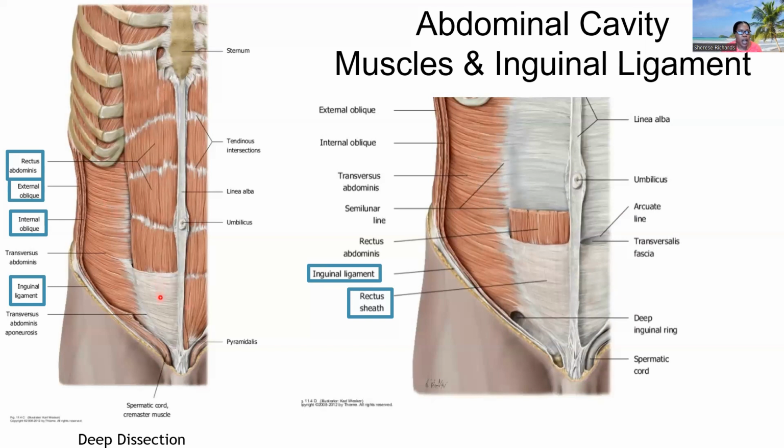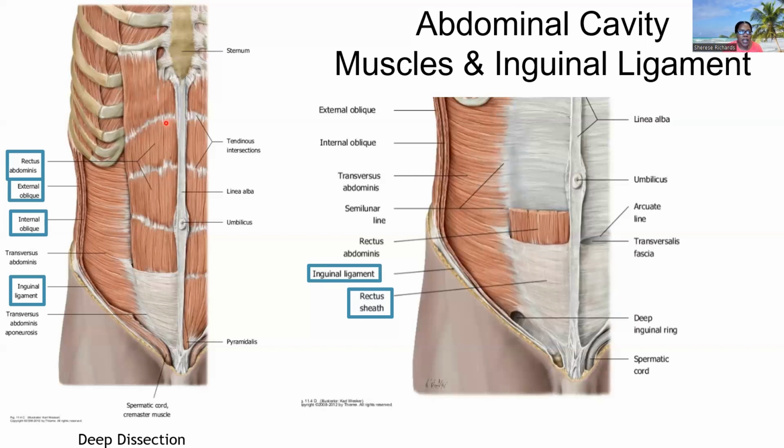Along the midline, we have the rectus abdominis. So this is the longitudinal strap-like muscle. Rectus is the name because rectus means straight. And we'll talk about some other muscles that have rectus in the name. And this is the muscle that we typically associate with the definition of the abdominal wall. This is what we refer to as the abs, especially if it's toned.